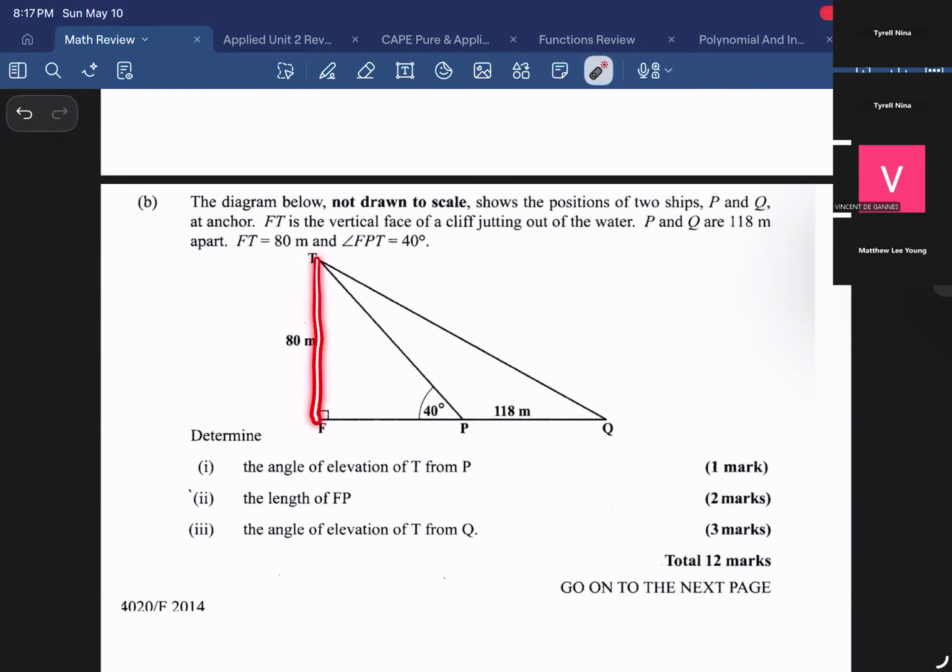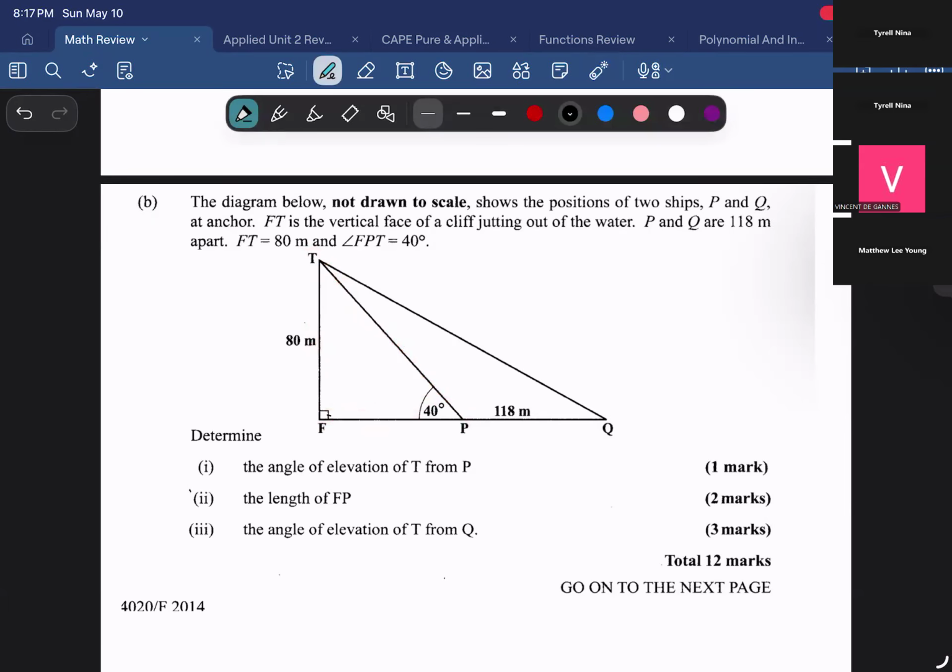This right here is a right angle triangle. So if this is 90 and this is 40, then this here is 50 degrees. Okay, good. Next thing, if this is 40, then this is 140 degrees. So let's see, they want the angle of elevation of T from P.